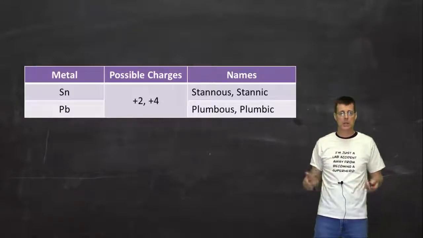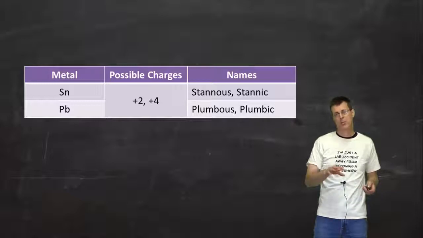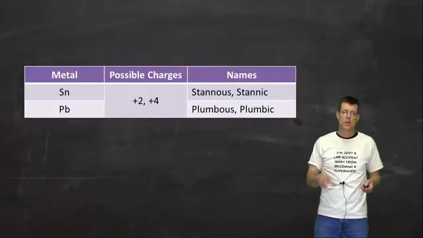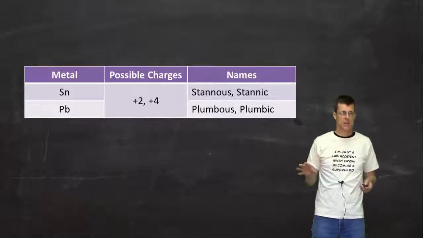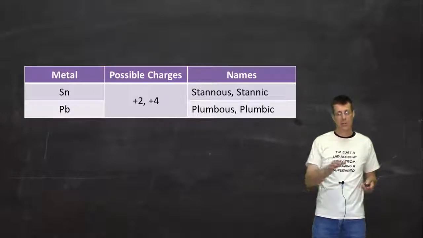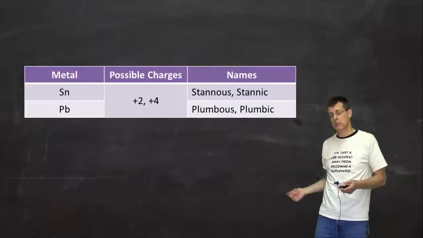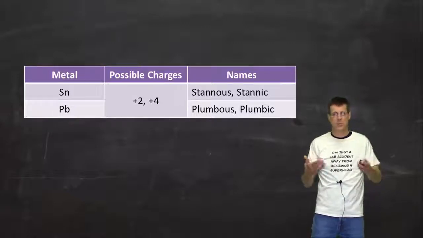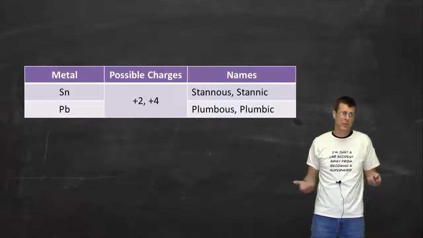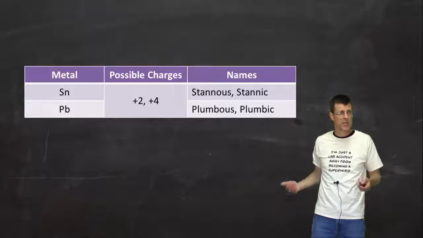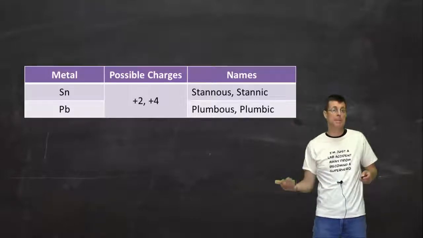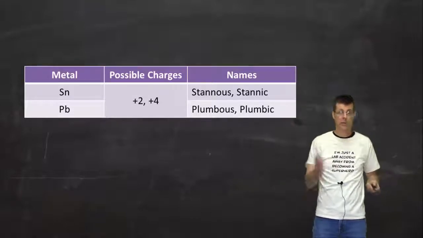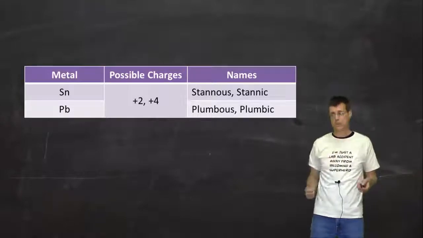Moving over into group 14, near the bottom, you'll find tin and lead, Sn and Pb. +2 and +4 charges are possible. And we go with stannous, stannic, plumbous, plumbic. By the way, the B in plumbum is silent, but because most of the nomenclature that we do is written, you can pronounce the B in plumbous and plumbic if it gets you to spell it right, even better.